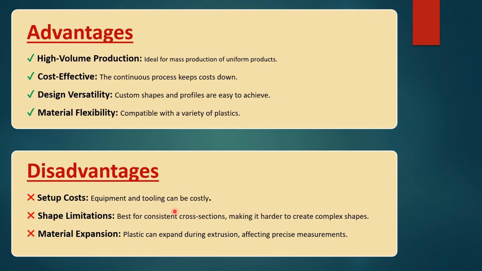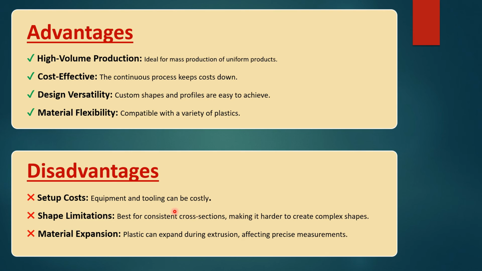If you see the advantages and disadvantages of this process, it is a high-volume process for mass production. It is cost effective as it is a continuous process. We can get a large number of products, and design versatility is also there. Custom shapes and profiles are easy to achieve, we can easily produce different sections, and material flexibility is also there.